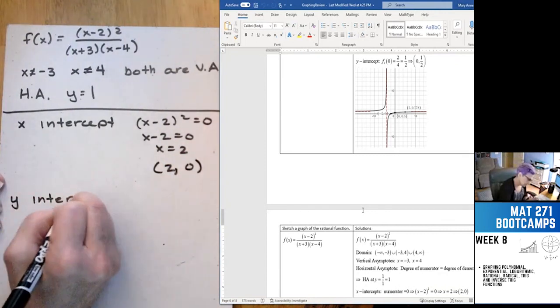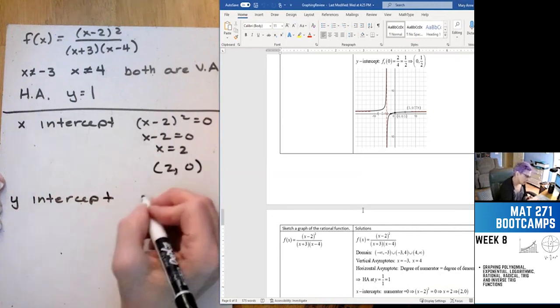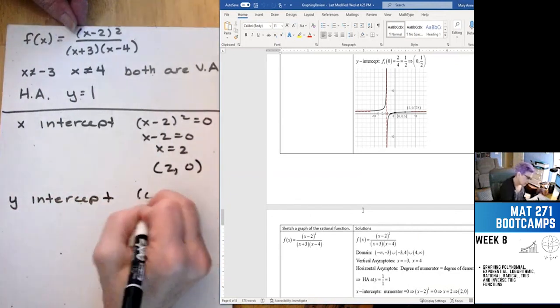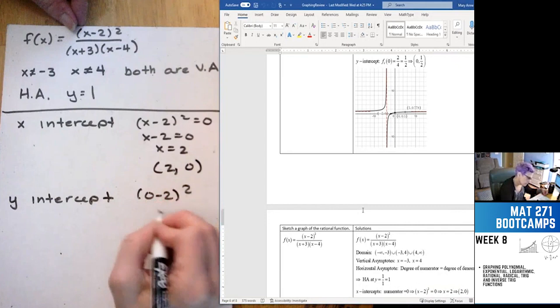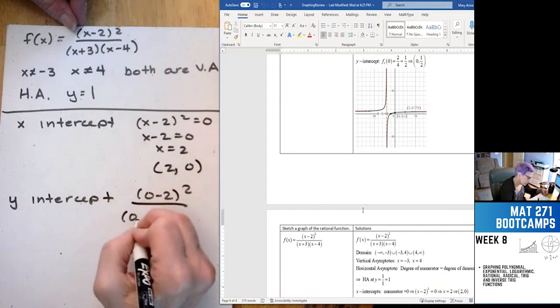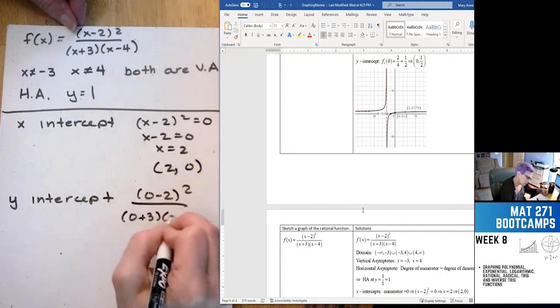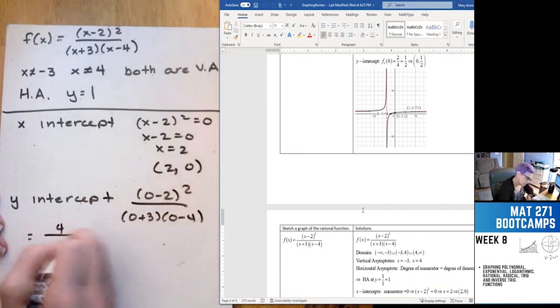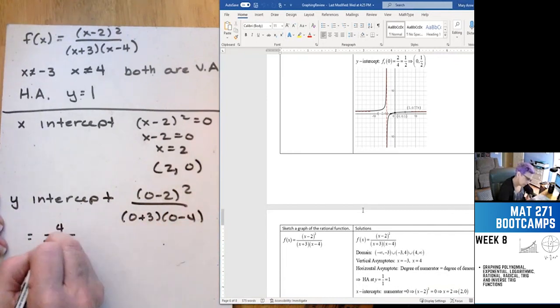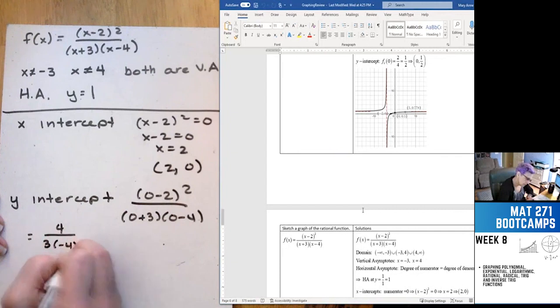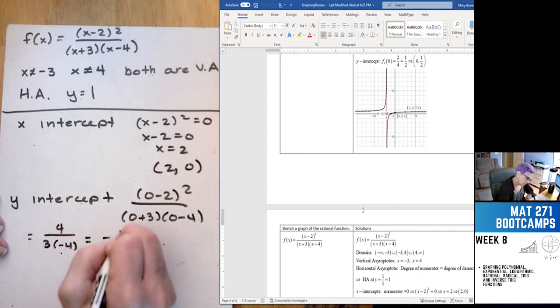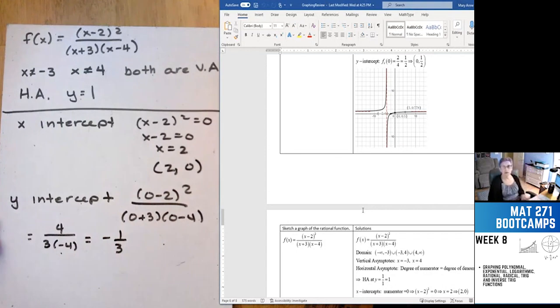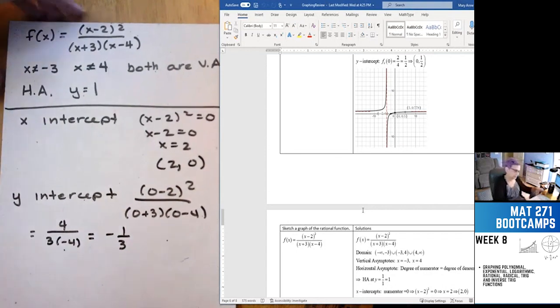Y-intercept by looking at f of 0, so 0 minus 2 squared over 0 plus 3 times 0 minus 4 gives me 4 sitting on top of 3 times negative 4, so negative 1/3.